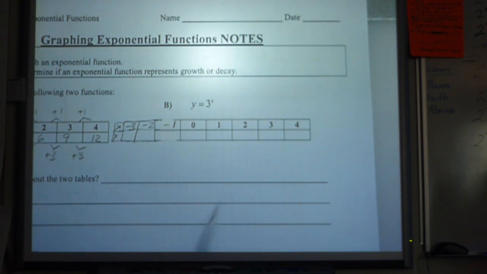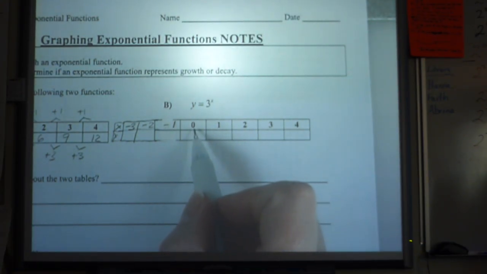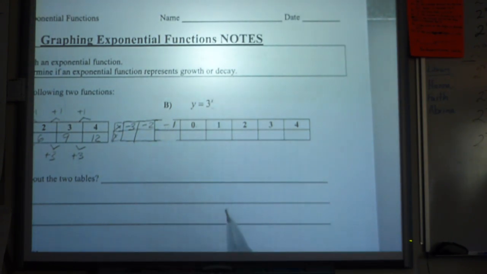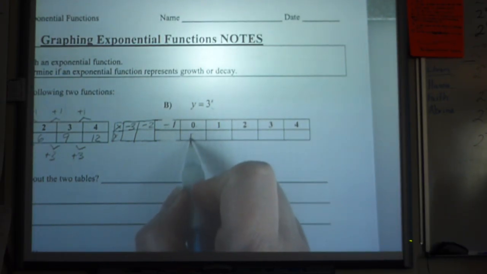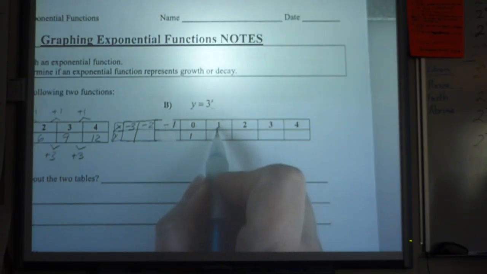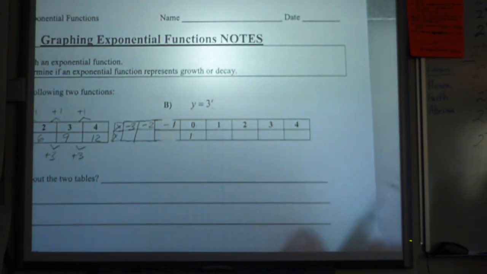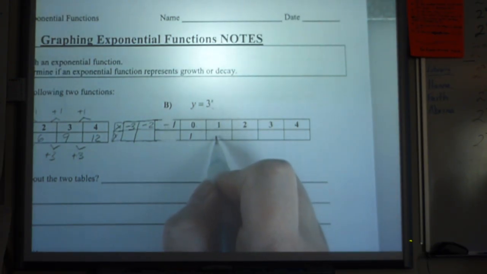Okay, so when I have x equal to 0, I will have y equals 3 to the 0 power. And we know that anything to the 0 power equals what, boys and girls? 1. Nice job. 1. When x equals 1, we will have y equals 3 to the 1 power, and that will equal what, boys and girls? 3.